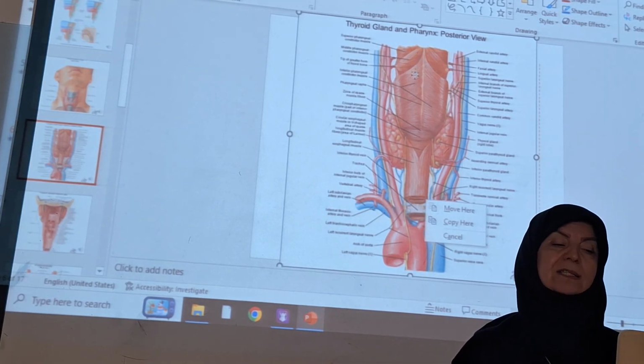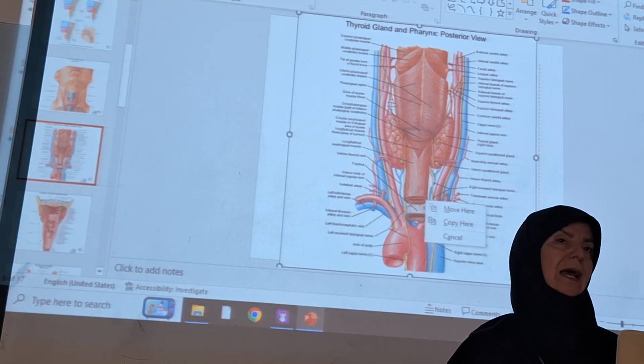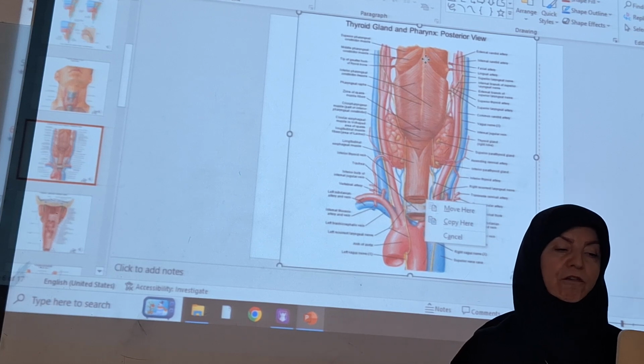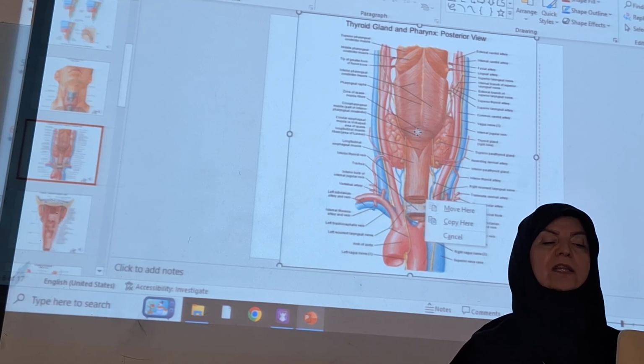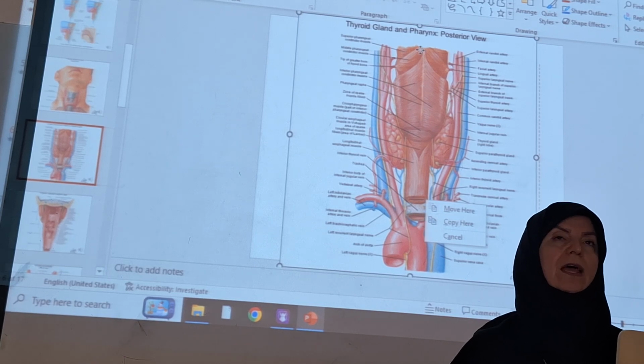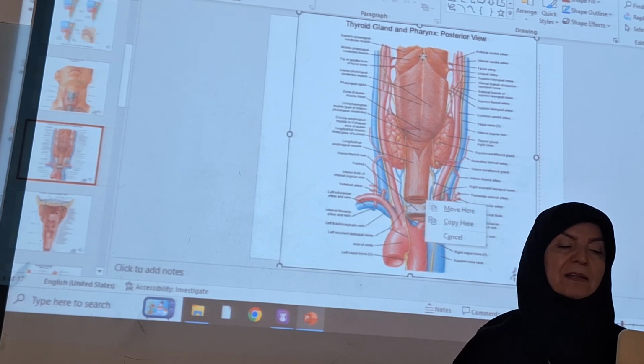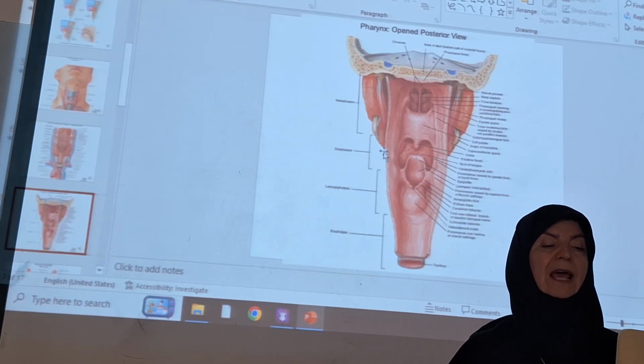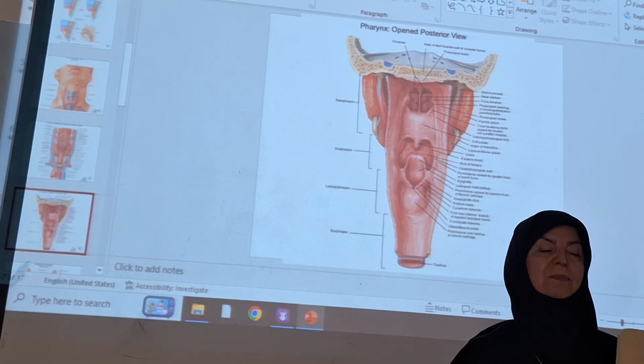Some of the muscles are visible here. This raphe is the connection, the fusion of the muscles on the right and left side in the midline. If you cut this midline, we will be able to show you this picture.